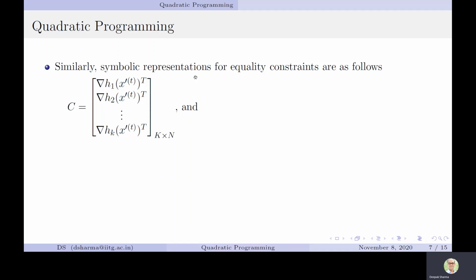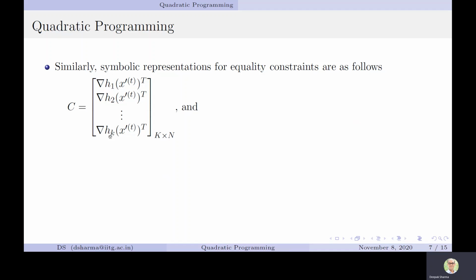Similarly, if we follow the same procedure to find the symbolic representation for equality constraint, the capital C will become gradient of H1 x prime t. Similarly, this will be happening for all k.